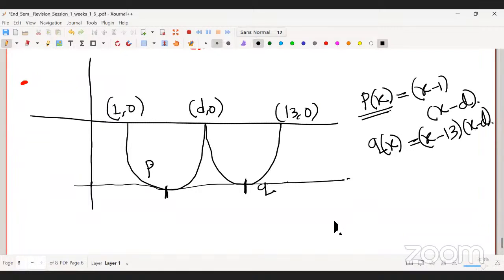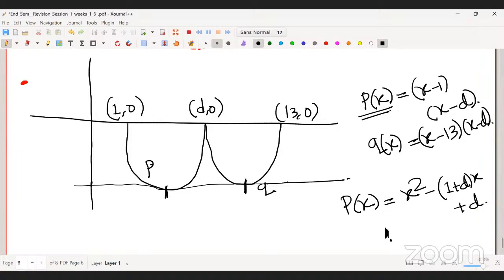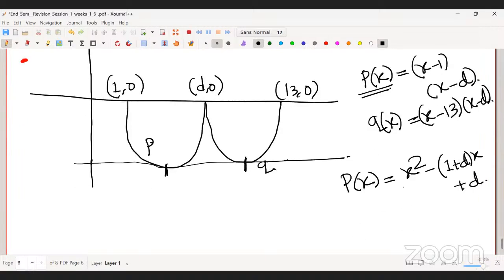What is the y coordinate of the vertex of P of x? If you multiply, P of x is x square minus (1 plus d) x plus d.